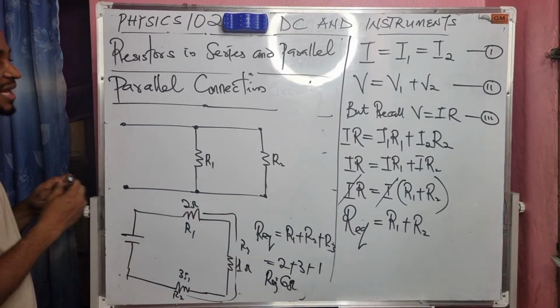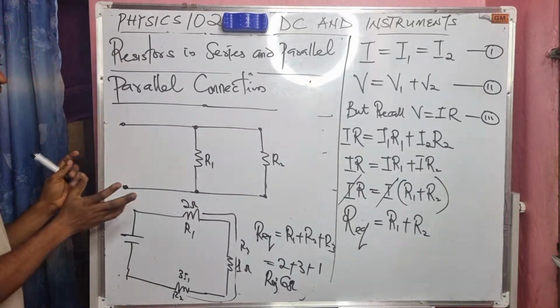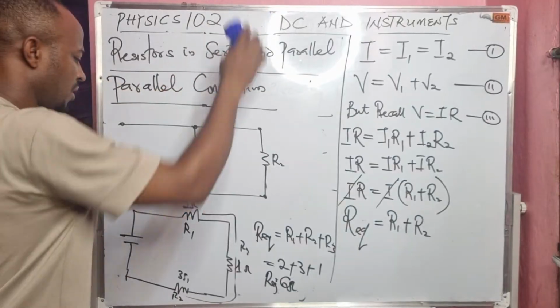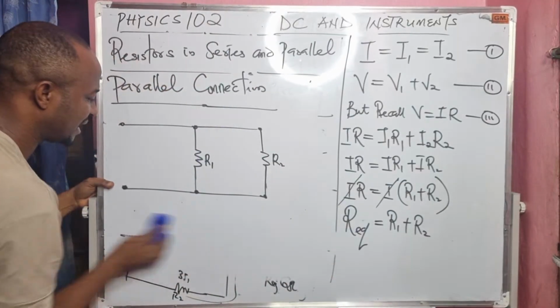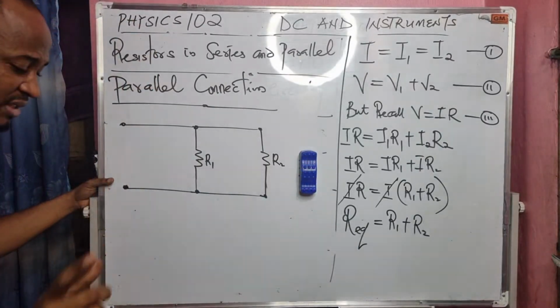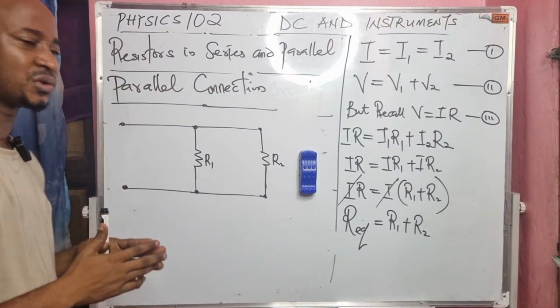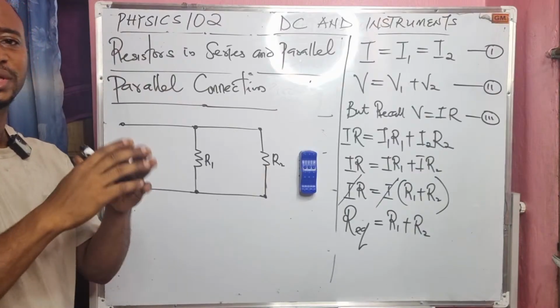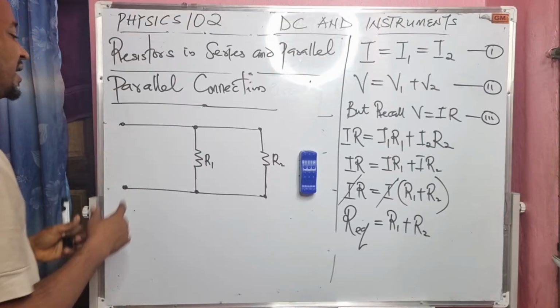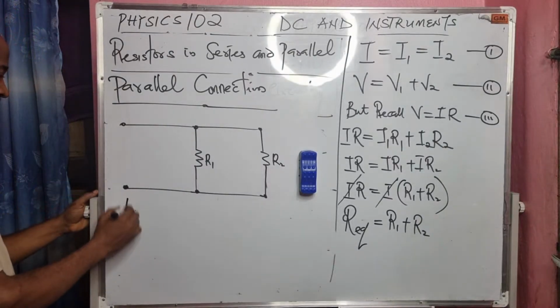But if I have a diagram like this, like I've already explained, this is called parallel connection. Now, don't forget that under series connection, 2 things happen. The same current flows through the circuit, but there is a different potential drop across each of the resistors, right? Now, the reverse is the case here.